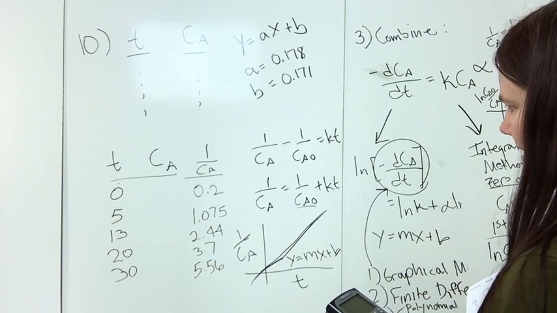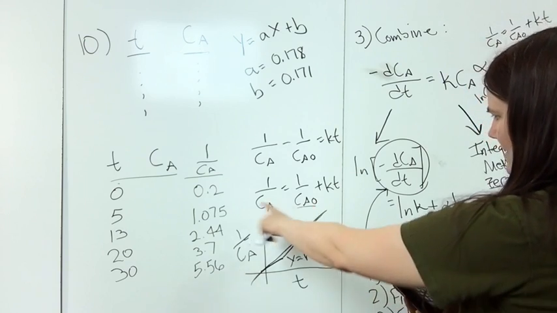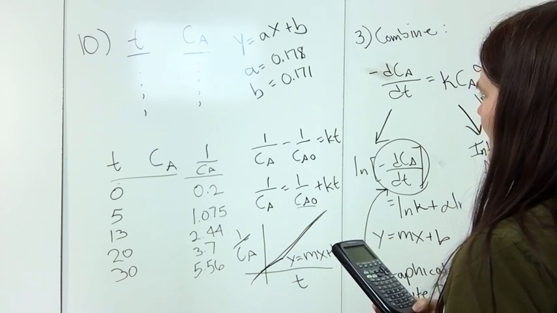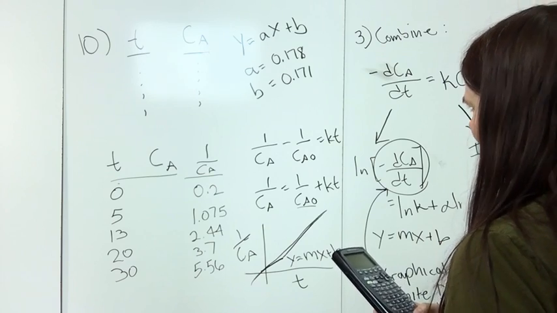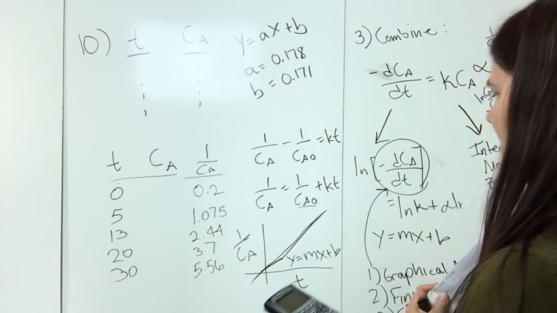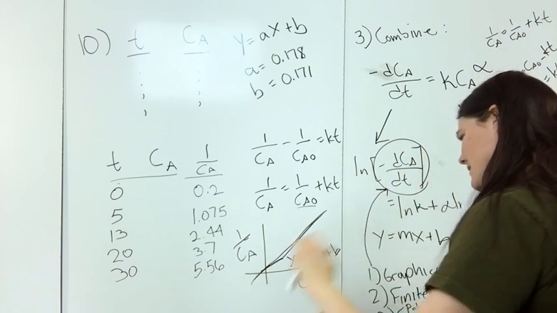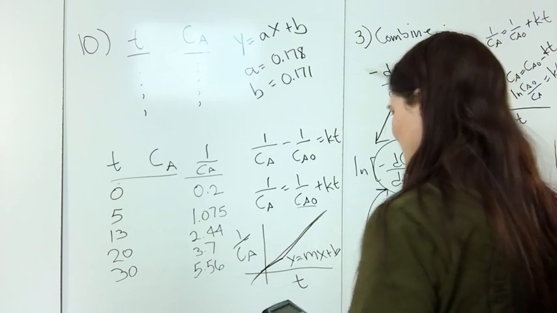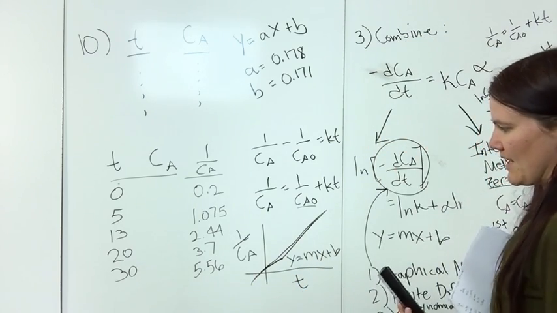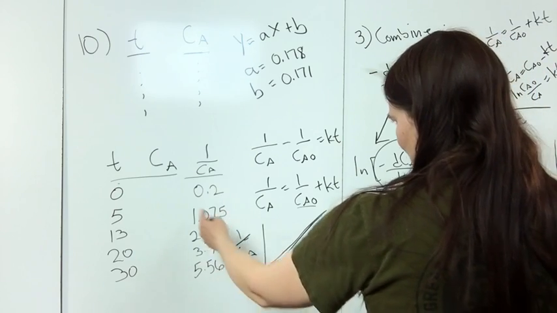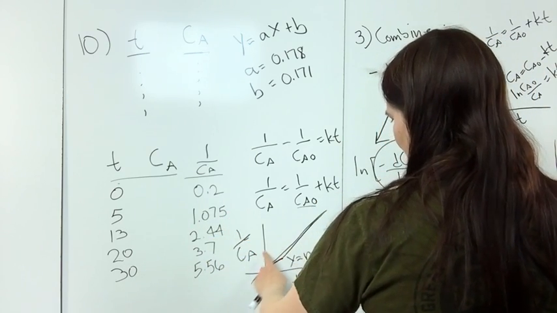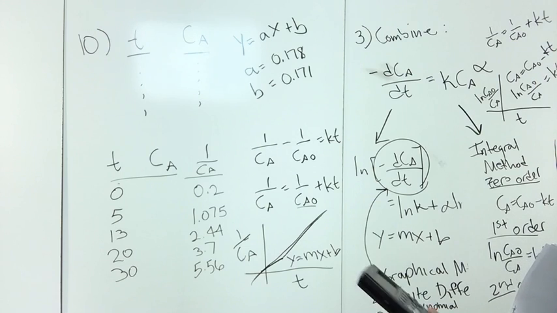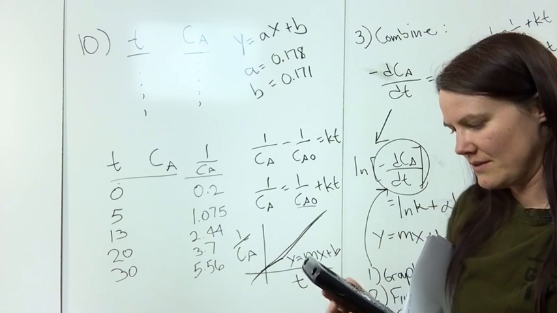According to this, it should be 0.2. It's coming up with 0.171, which I guess rounds. But I don't think you're required to do this on your calculator for the exam. You could carefully plot this by hand and then calculate the slope. That's another way to do it.